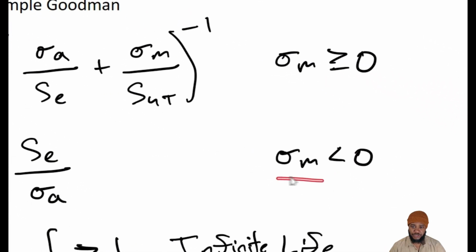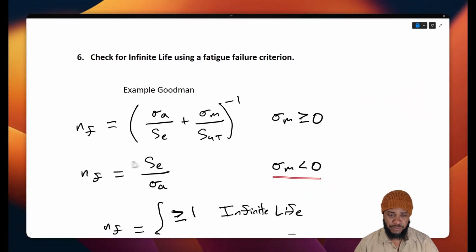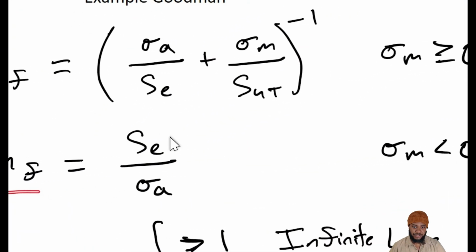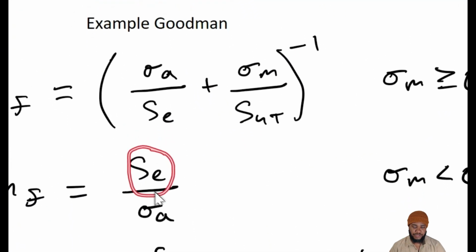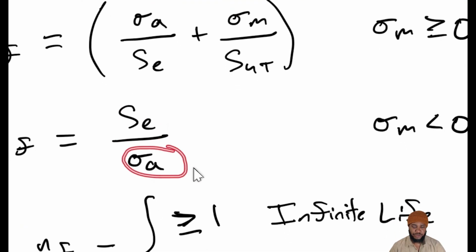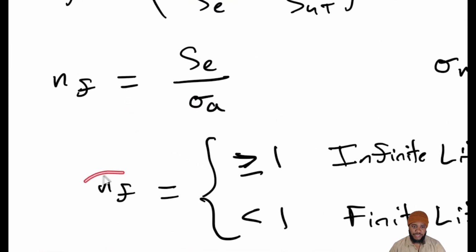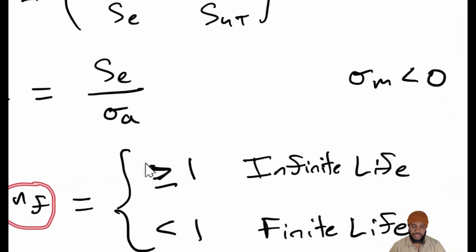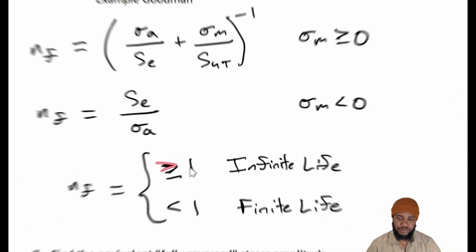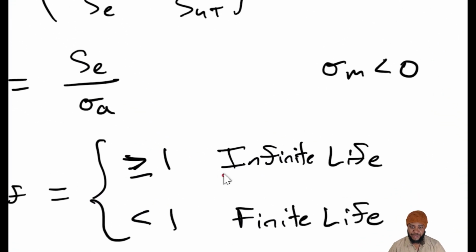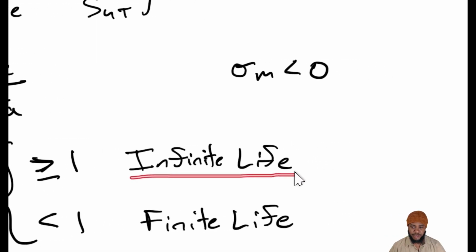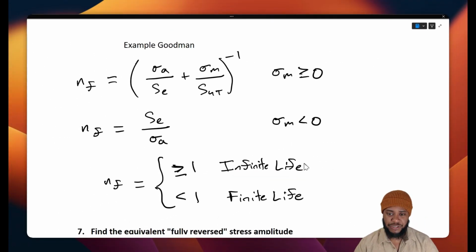In the case where mean stresses are less than 0, then we use the negative mean stress criterion, where the safety factor is equal to the endurance limit divided by the stress amplitude. Now, if nf is greater than or equal to 1, then we have a case of infinite life. And we can stop here and say our design has infinite life, greater than 10 to the 6 cycles.